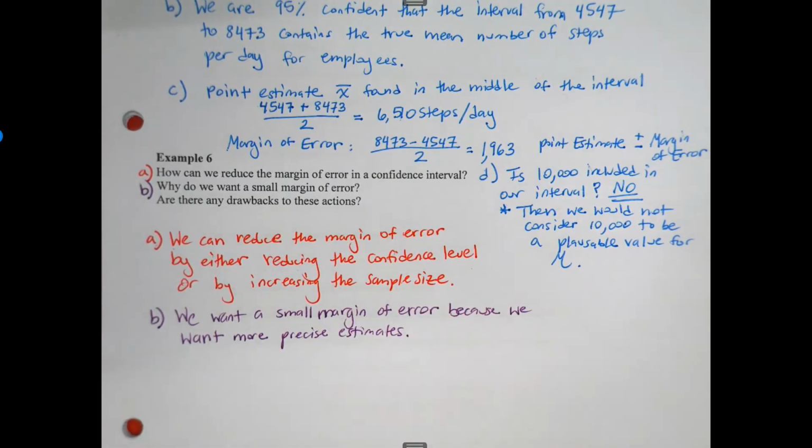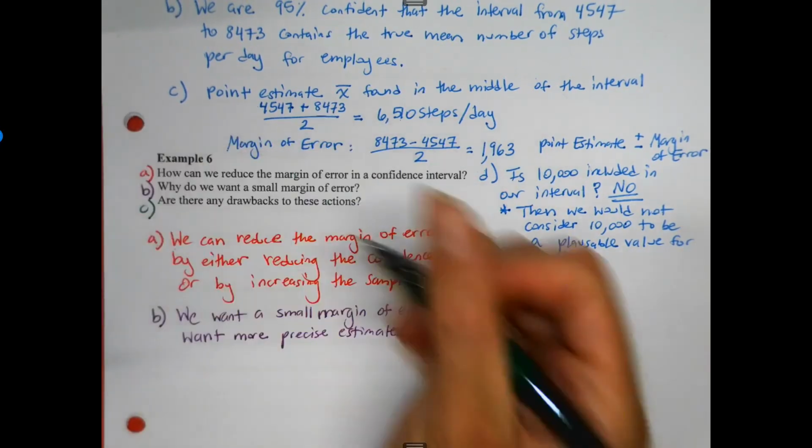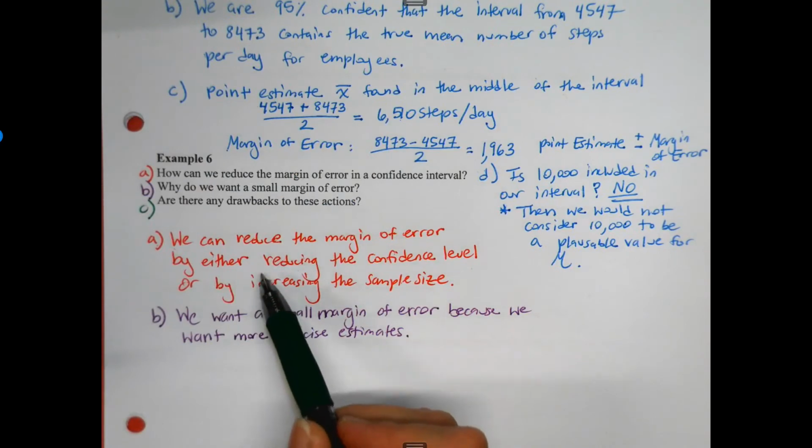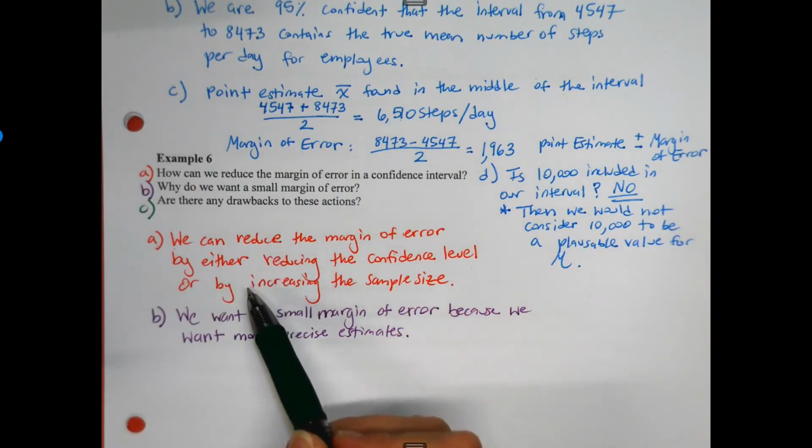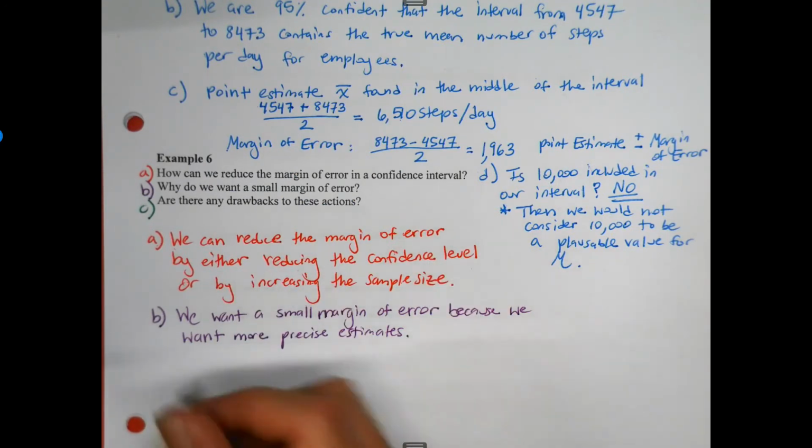And then the last part here says, are there any drawbacks to the actions? So are there any drawbacks to reducing either the confidence level or increasing the sample size?